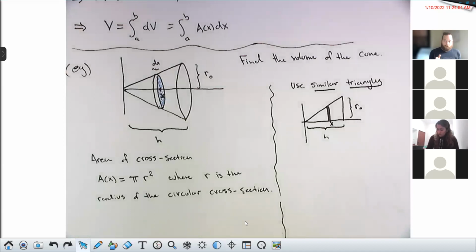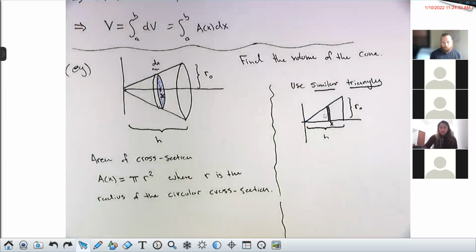Okay, two triangles are called similar if they have all the same angles inside them, which is equivalent to saying their ratios of side lengths are the same. Right? That's what it means to say two triangles are similar. So if you look at the big triangle here and the little triangle here, they're both right triangles. They both have one 90-degree angle, and they share this angle back here.